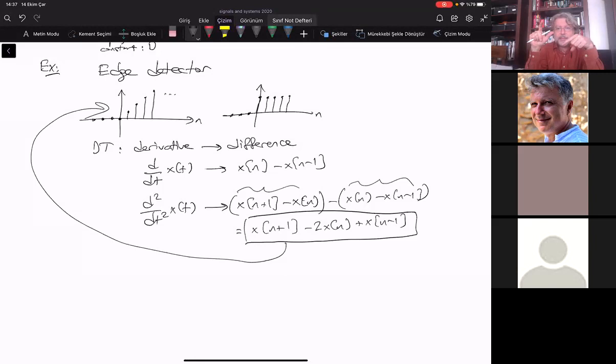What will I get? 0. Because this plus this is exactly twice the middle value, if it is a linear increase. So if I subtract that twice value, at the right-hand side, everything is going to be 0.